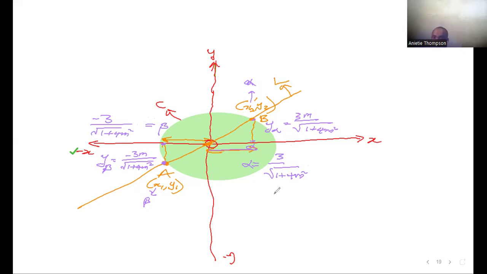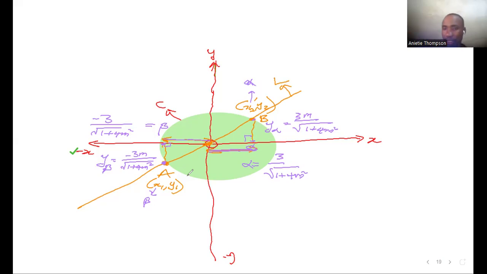So they have similar values in their representation, meaning that the distance from here is equal to the distance from here, and the vertical distance here is equal to the vertical distance here. So we can say that this right angle triangle we have here is a similar right angle triangle. Making sense?